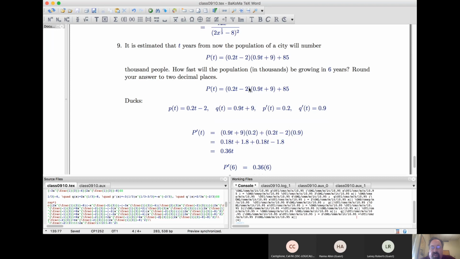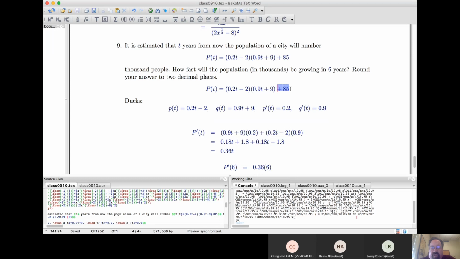Now, when we take the derivative, the 85 won't give us anything, and the derivative of that will be 0. So we're just going to focus on this, for which we need the product rule. So here we, again, get our ducks in a row, our p and our q, and then the derivatives will just be the coefficients of t in these cases, because these are linear functions. So there are 0.2 and 0.9 there.